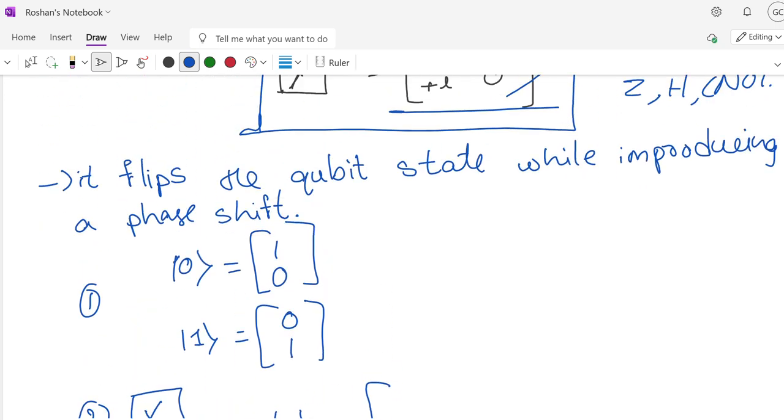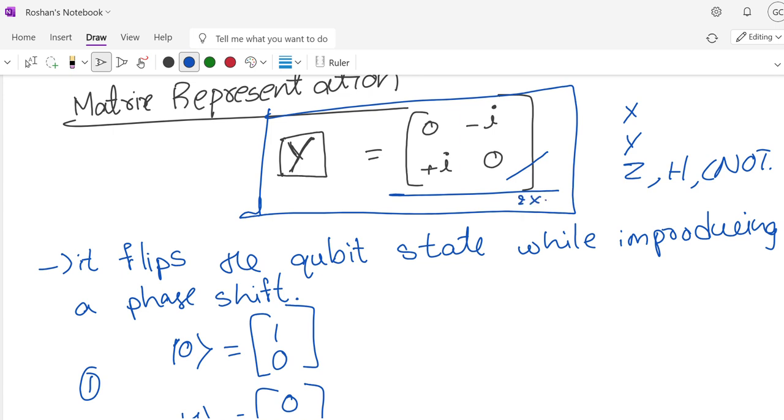Remember, Y is also a 2 by 2 matrix. I keep mentioning 2 by 2 from all previous lectures because in further classes, we'll be working on 4 by 4 and 8 by 8 matrices also. From the start, you need to identify which gates have a 2 by 2 matrix, which have 4 by 4, and which have 8 by 8. That is the reason I keep telling the matrix size. So the Pauli-Y gate is also a 2 by 2 matrix.